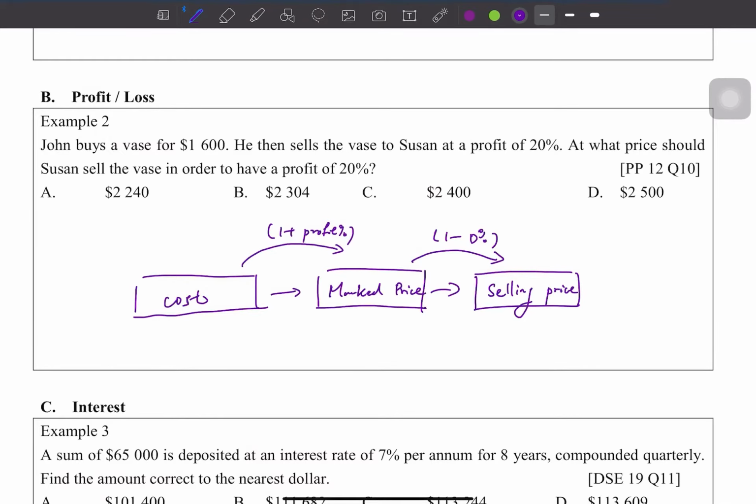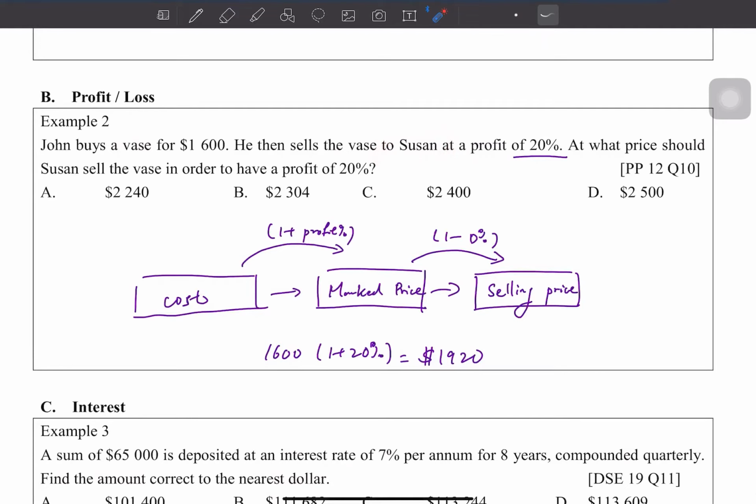So in this question, not very difficult, because John wants to have 20% profit. So the selling price of John is equal to 1600 times 1 plus 20%. This is equal to 1920. This is the cost for Susan.